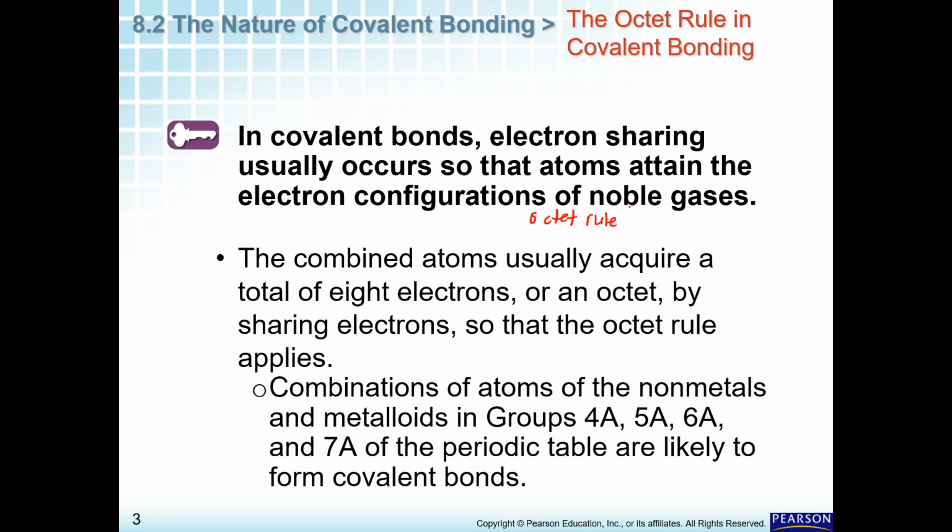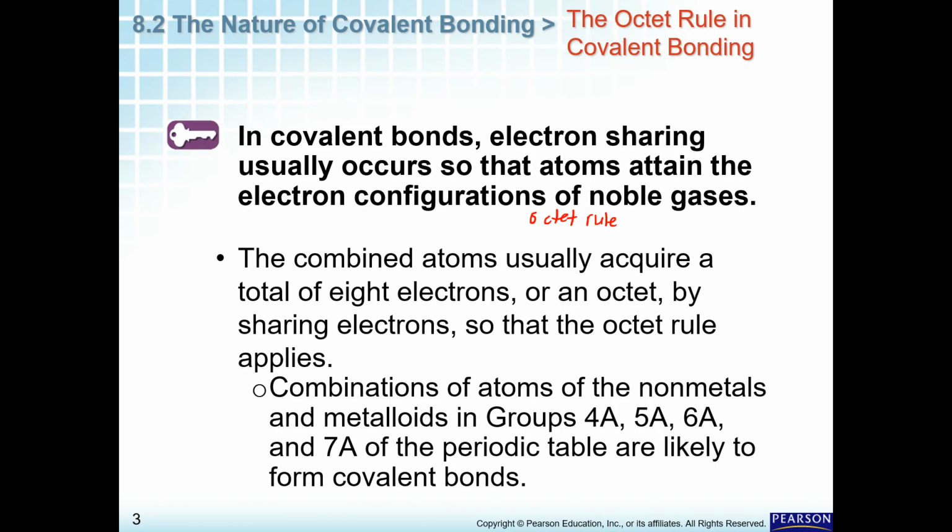So the octet rule actually applies to both ionic bonds and covalent bonds. They just do it two separate ways. Ionic bonds involve a transfer of electrons, whereas covalent bonds, we share those electrons. So the combined atoms usually are going to try to get 8 electrons, or an octet, again by sharing electrons.